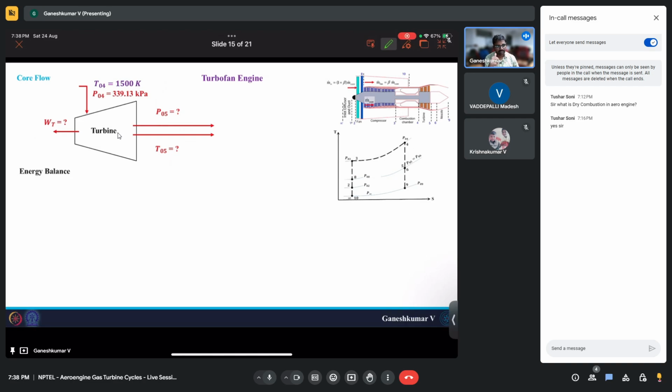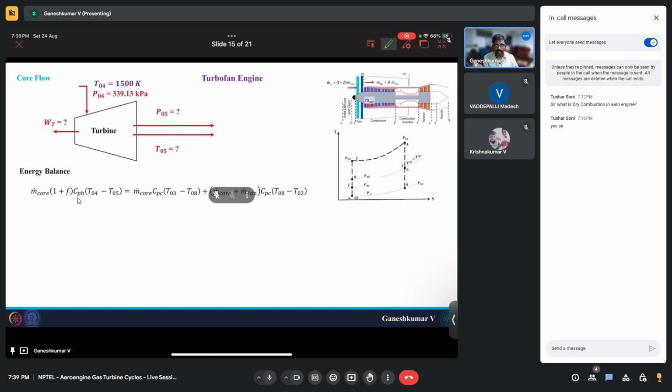Now if you do energy balance for this turbine, across the turbine you have some energy change. Okay, this energy balance is not the same as the combustion chamber energy balance, so please be careful. This is about how much energy the turbine has extracted, and that energy should be equal to how much energy the compressor and fan require. Okay, please note that. The amount of energy extracted from the turbine would be m dot core times (1 plus f).